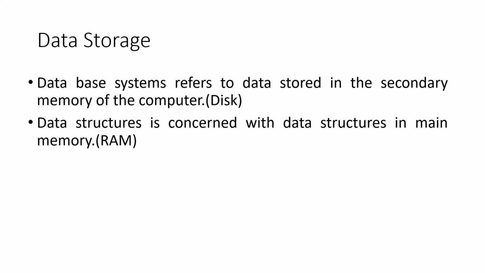The cost of RAM, the speed of RAM and all, that determines the cost of the laptop. Even RAM we are getting at a lesser price now, but still when compared to the secondary memory, we are more bothered about the main memory, because main memory is the place where we are storing the program.